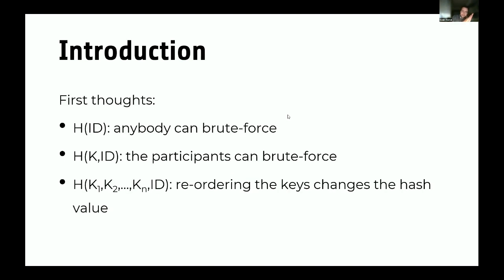So the first thing that comes to our mind is probably a hash function, because a hash function doesn't have a corresponding dehashing algorithm. It's a one-way function. But if we simply hash the identifiers of the data records, then anybody who has access to the hash values can brute force it, because personal identifiers are most of the time pretty easy to brute force.